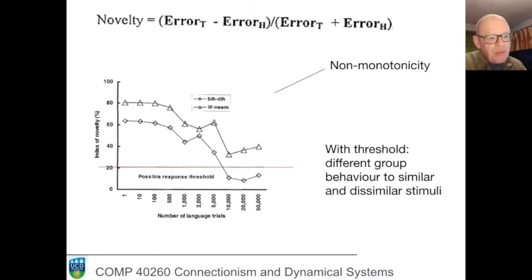So this seems to demonstrate the non-monotonicity. If you look at the x-axis here, it is the number of language trials, these are the pre-exposure trials. And what you see is that from the start, the index of novelty is quite high for both bit-dip contrast and lift-neem contrast.